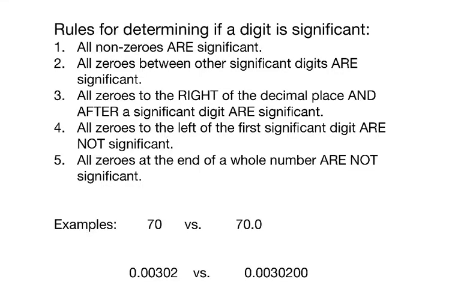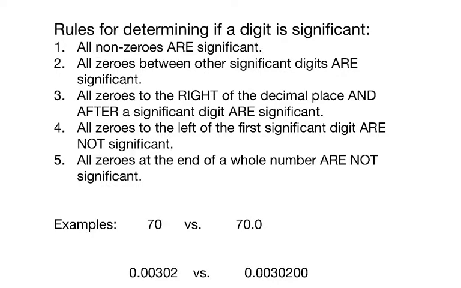All right, there are 5 rules for what is significant. The easiest thing to get out of the way is non-zeros. Anytime you see a 1, 2, 3, 4, 5, 6, 7, 8, or 9, that is a significant digit. All the rest of the rules have to do with zeros, and where the zeros are.